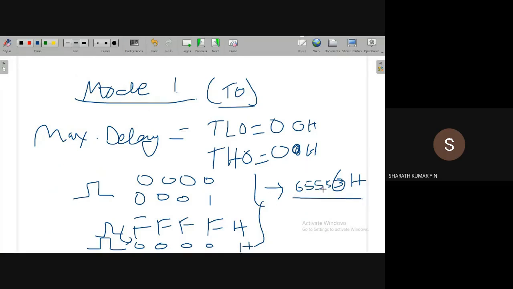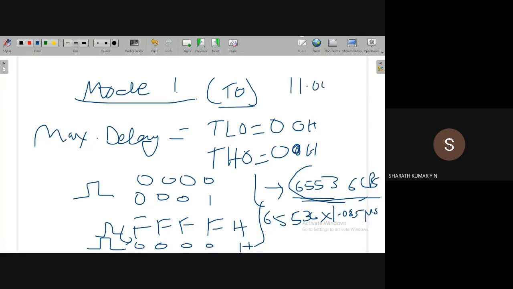I'm sorry if I wrote it wrong, guys. If 65,536 clock pulses are counted, then the total delay generated will be 65,536 times the time period of one machine cycle, which is equal to 1.085 microseconds for a frequency of 11.0592 megahertz.